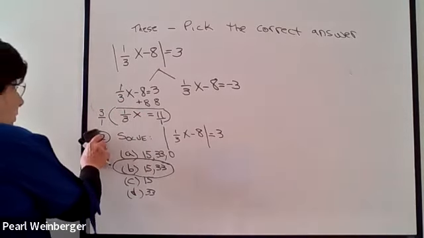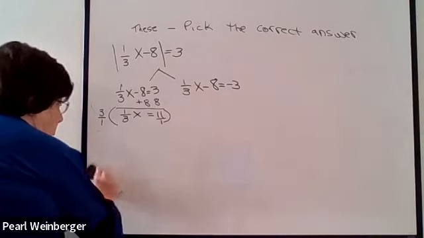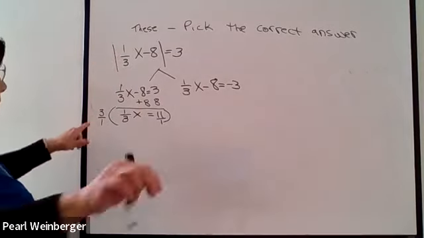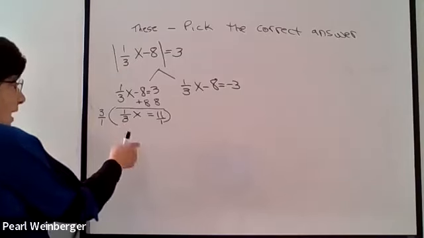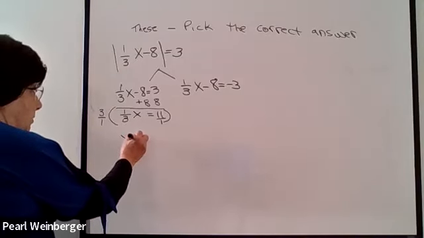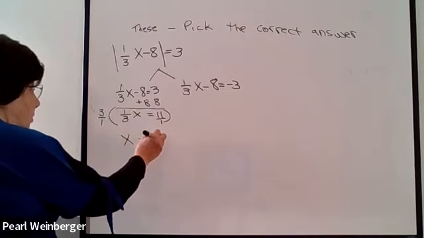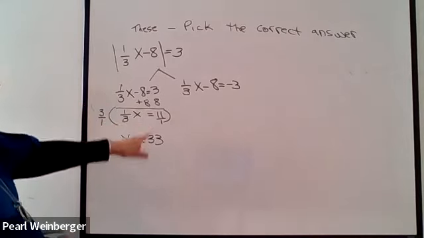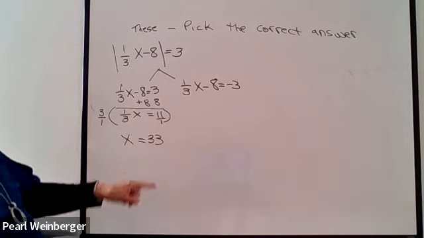I'm going to erase this because I have the question up here. And multiplying 3 times 1/3, that cancels out. I'm just left with x. And 3 times 11 is 33. In other words, you're dividing by 1/3, which is equivalent to multiplying by 3. So one answer is 33.